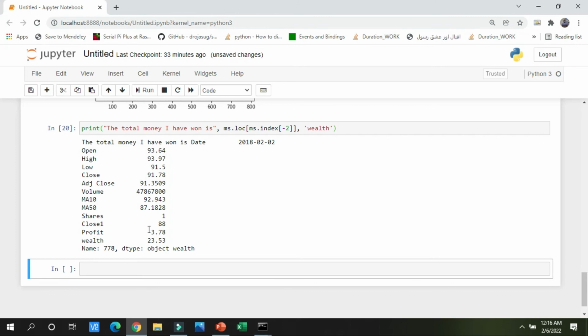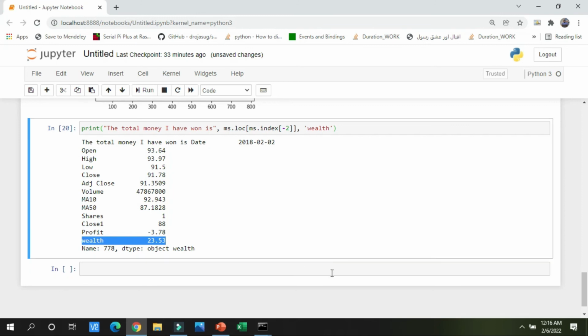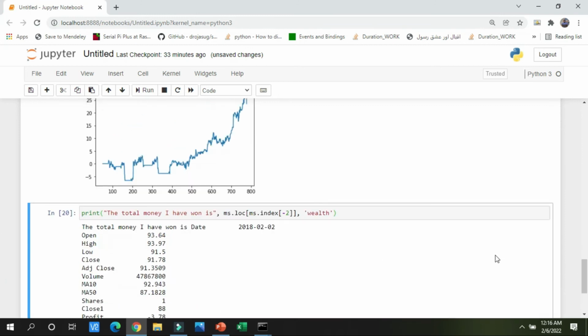You can see the last wealth value is 23.53. So I think it is not giving me the correct answer. Let me check it again.